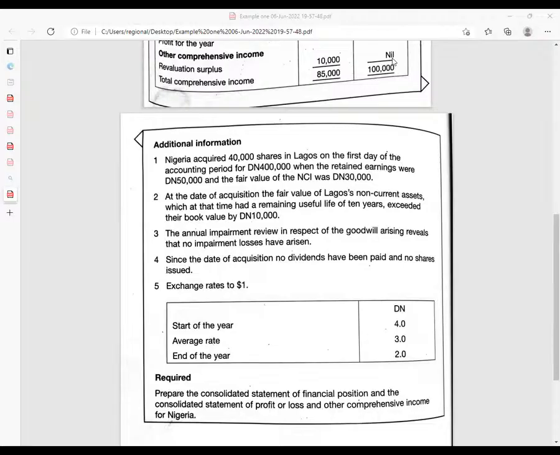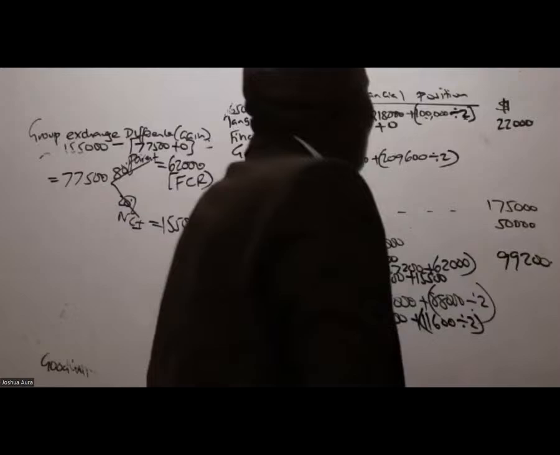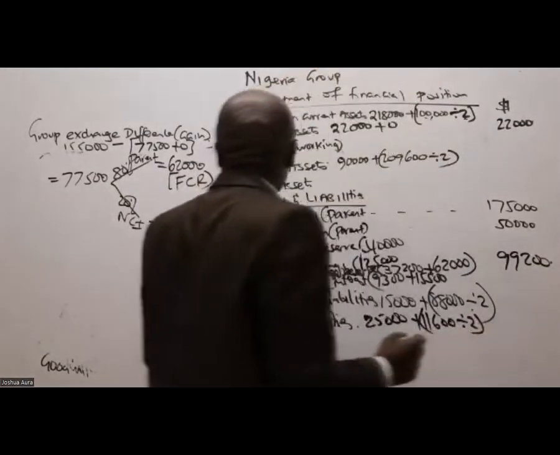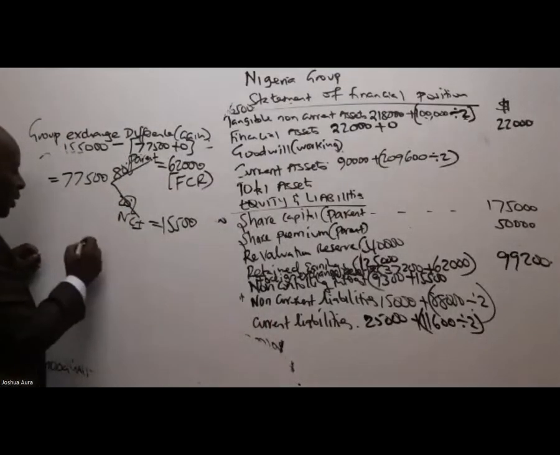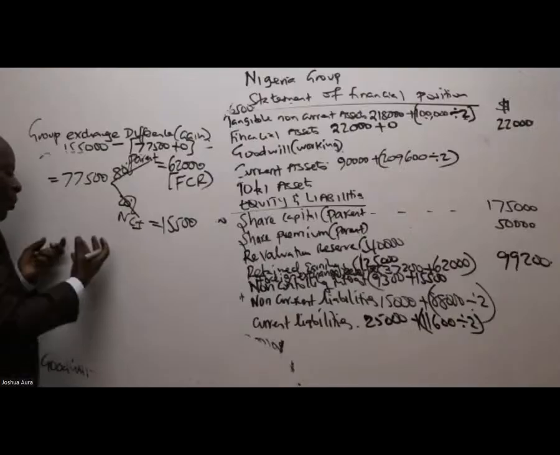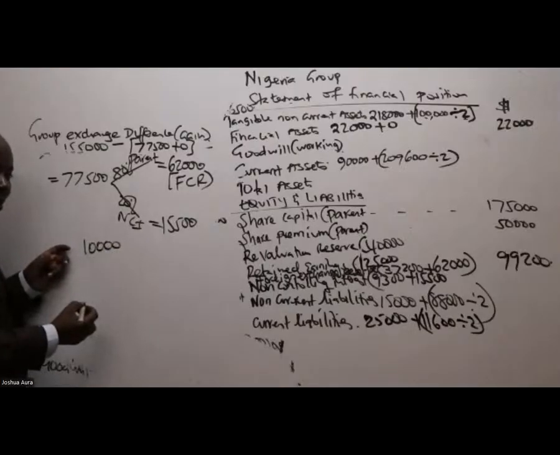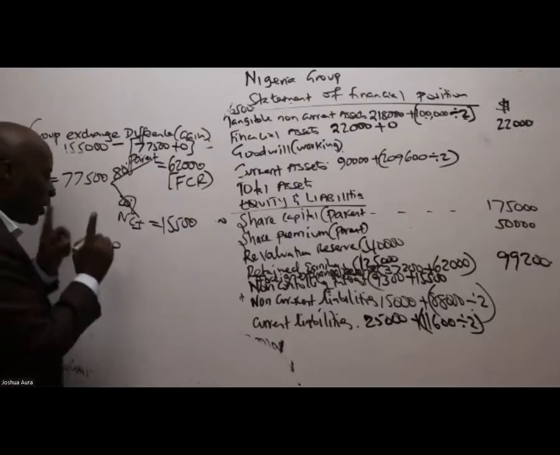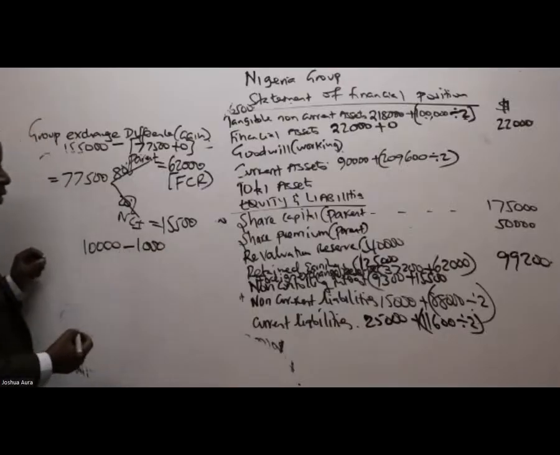So we need to do an analysis of this fair value adjustment. I want to be very clear here. Remember at acquisition, we did a revaluation upwards of 10,000. But remember that there was depreciation, over 1,000.